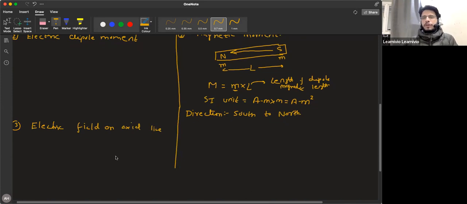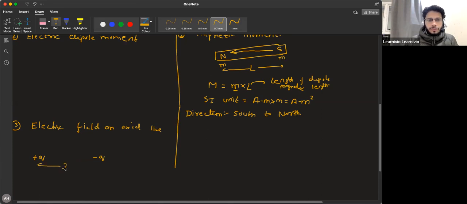Next, we have the field on the axial line of a bar magnet. If you have a bar magnet, this is the south pole and this is the north pole. We take a point here. The separation between the center of the bar magnet and the point is, let's say, r. For an electric dipole, this is plus q and this is minus q.